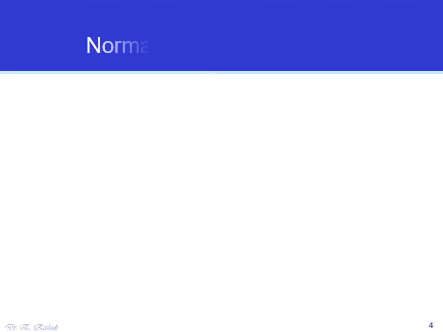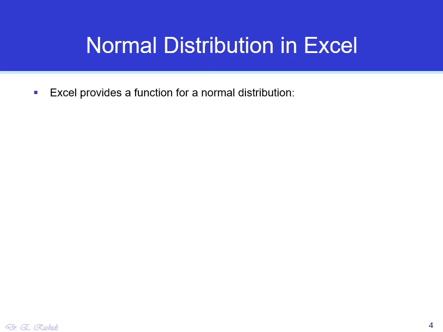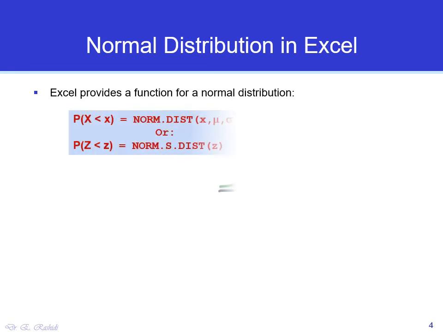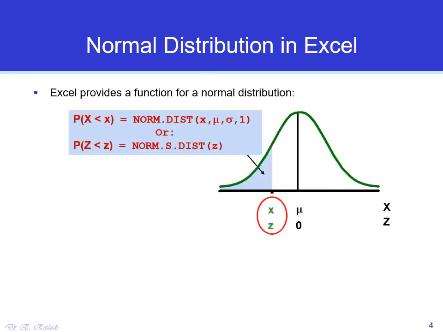Let's now see how the normal distribution function works in Excel. Excel provides a function for a normal distribution, both for general normal distribution and for a standardized normal distribution. These are the functions. Suppose that x is a random variable that follows a normal distribution, and the function to find the probability that x is less than a small value x is norm.dist, and then we have 4 parameters: x, comma, mu, the average, comma, standard deviation, comma, 1.